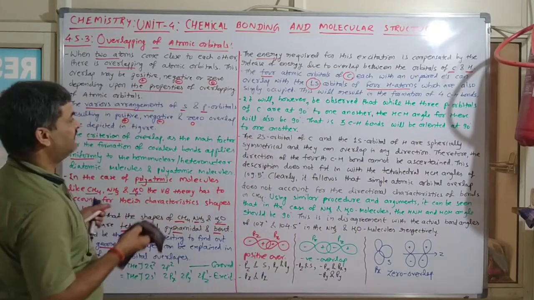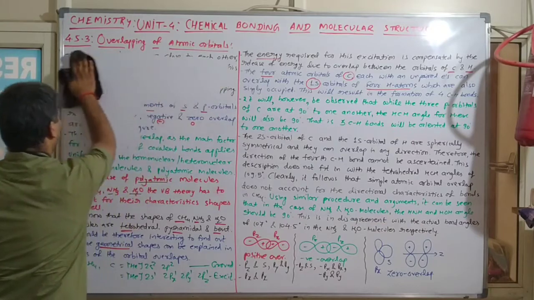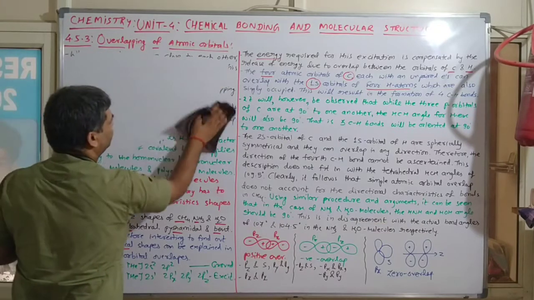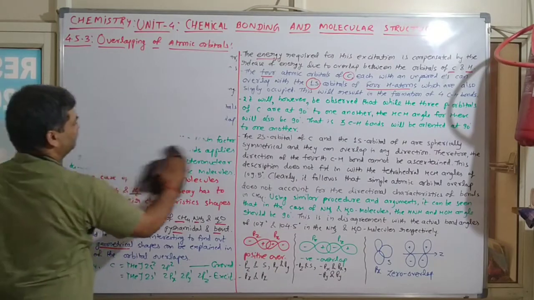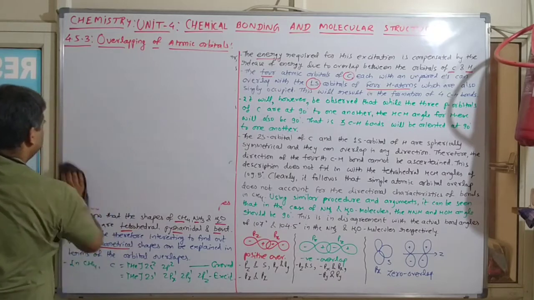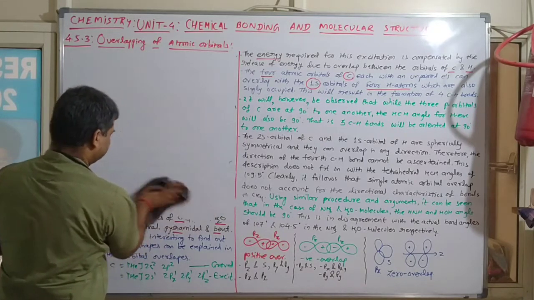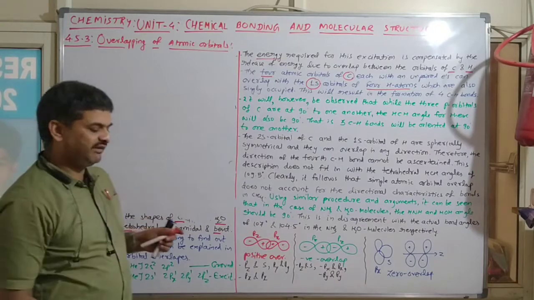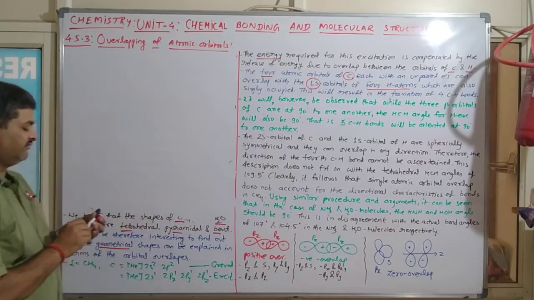So this will result in the formation of 4 carbon-hydrogen bonds. Clear? In the case of methane, the 4 orbitals of carbon will combine with the 4 orbitals of hydrogen, and whenever combination takes place, 4 carbon-hydrogen bonds will be there.